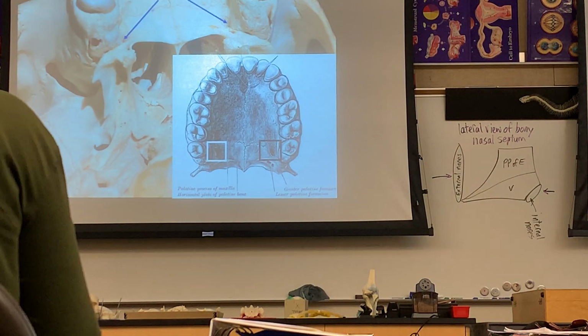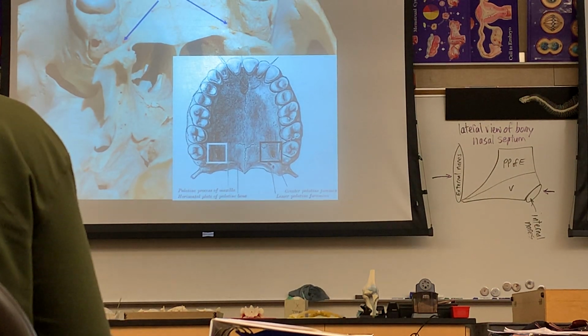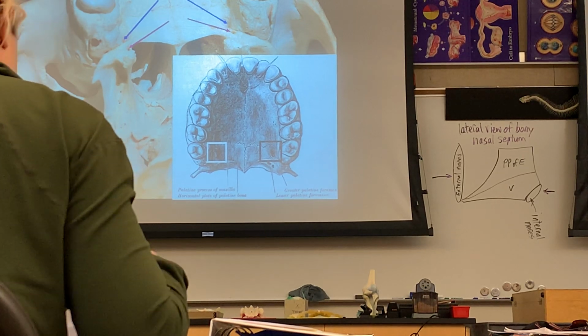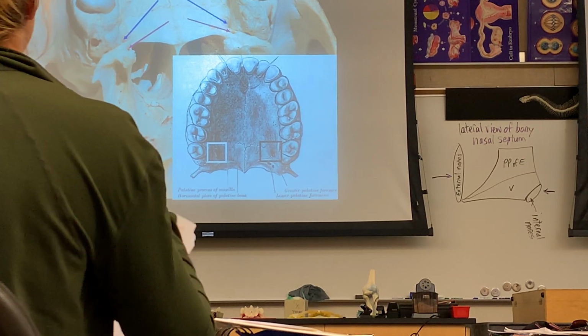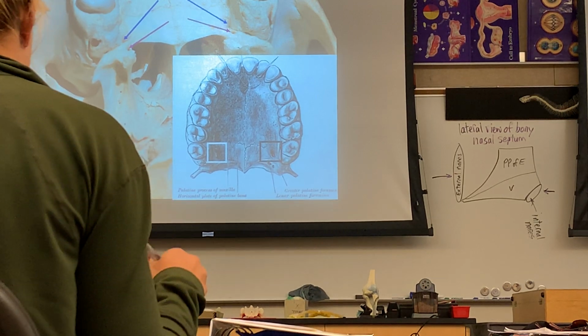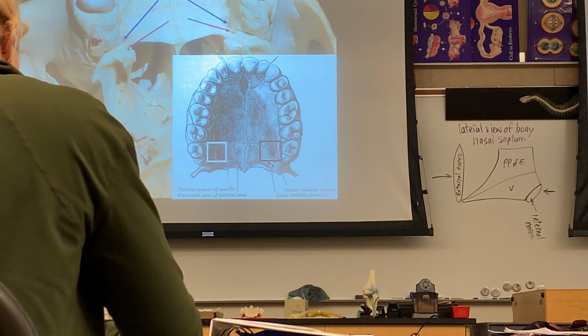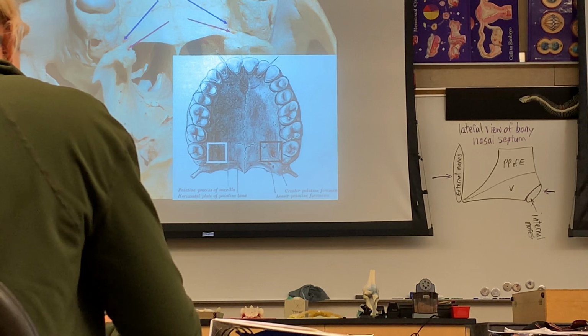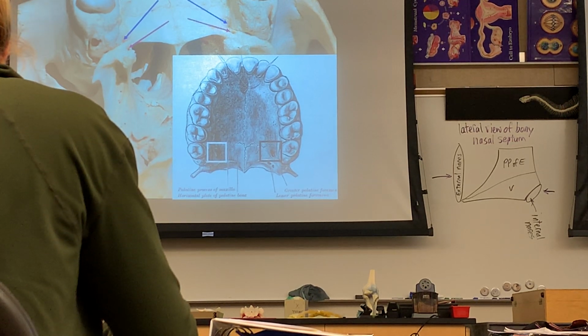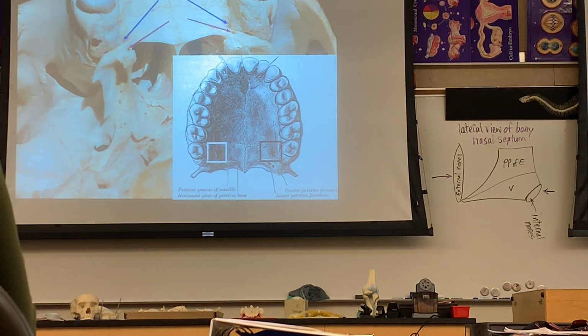Where the vertical part meets the horizontal part, you have some foramina. The anterior ones are the greater palatine foramen. The posterior ones are the lesser palatine foramen. You can have one of each, or you can have multiples of each. Again, highly variable. So blue is greater, purple is lesser.